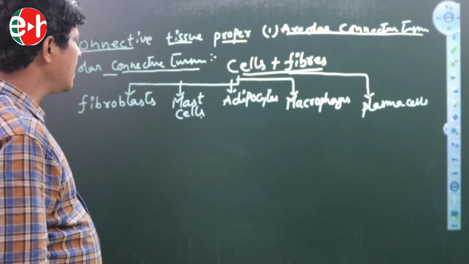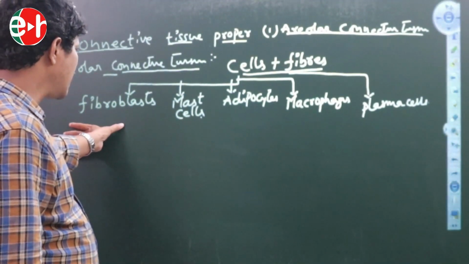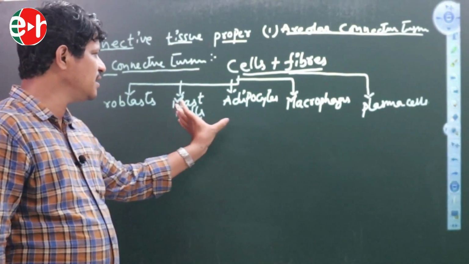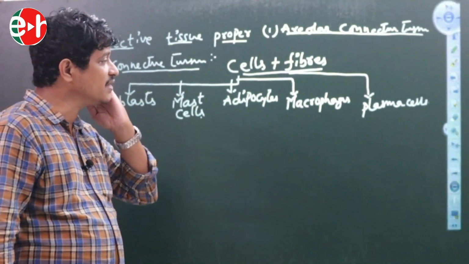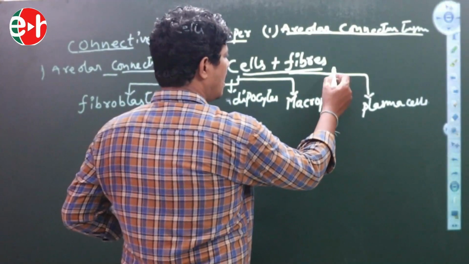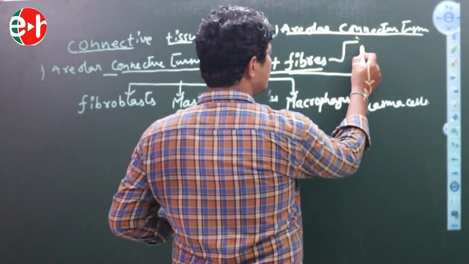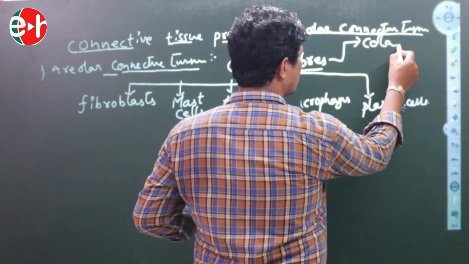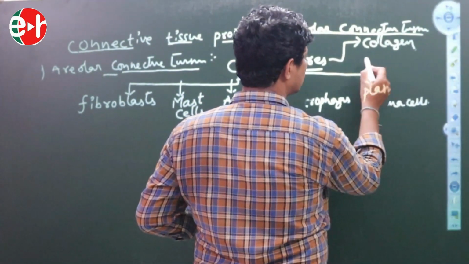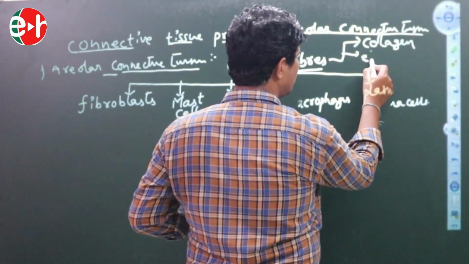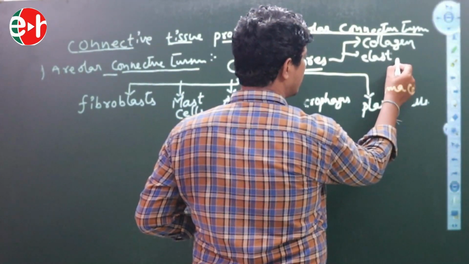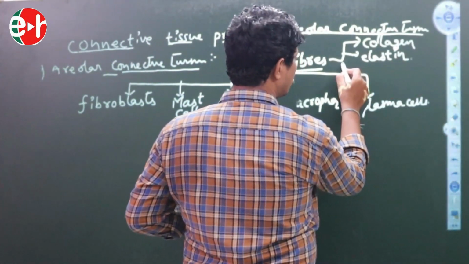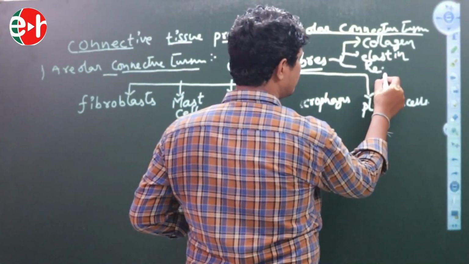The cells of the areolar connective tissue are fibroblasts, mast cells, adipocytes, macrophages, and plasma cells. These are the different types of cells in areolar connective tissue. The fibers of the areolar connective tissue are collagen fibers, elastin fibers, and reticular fibers.